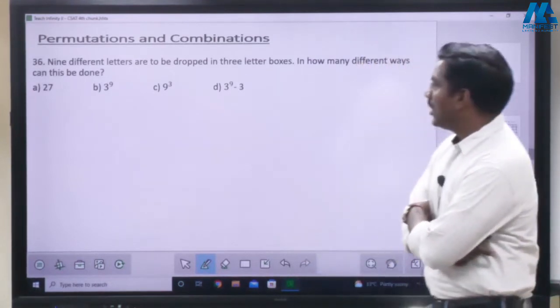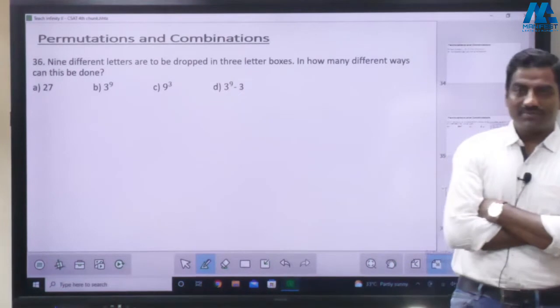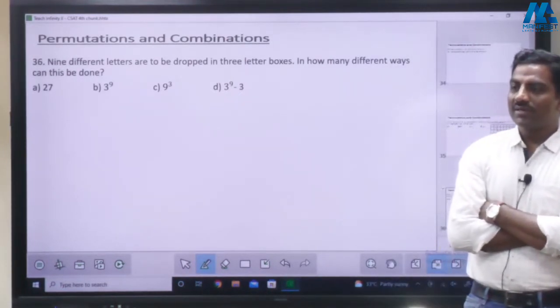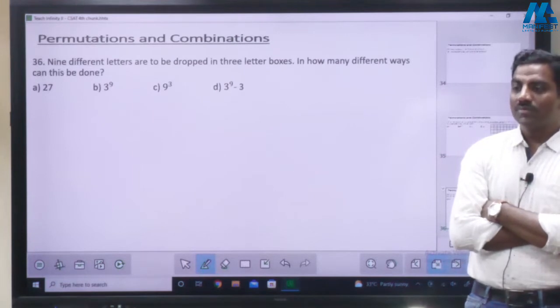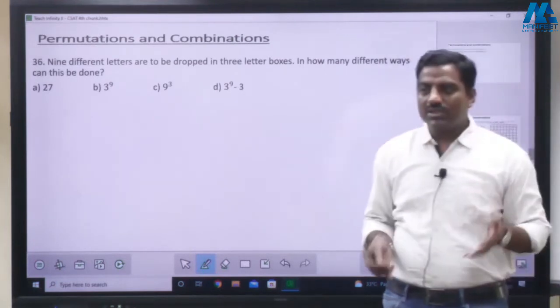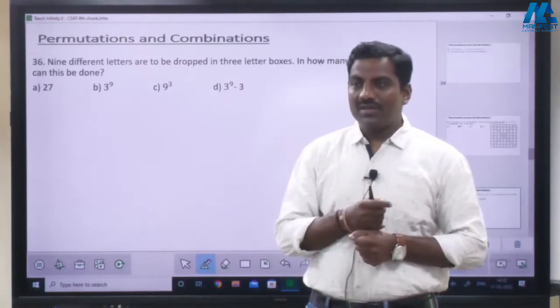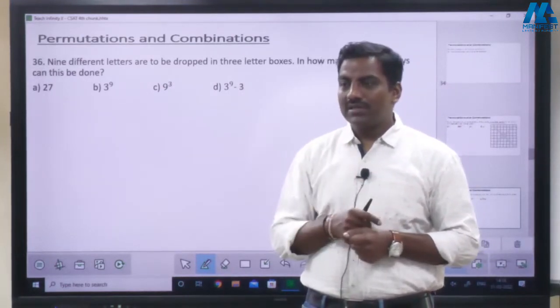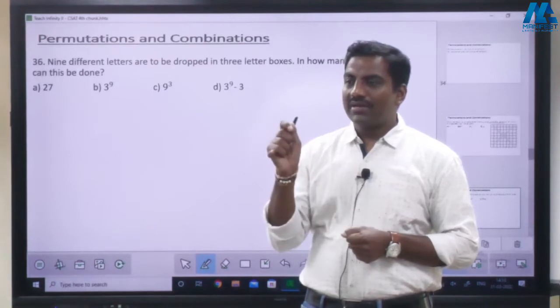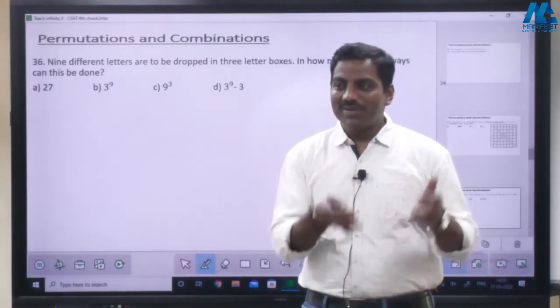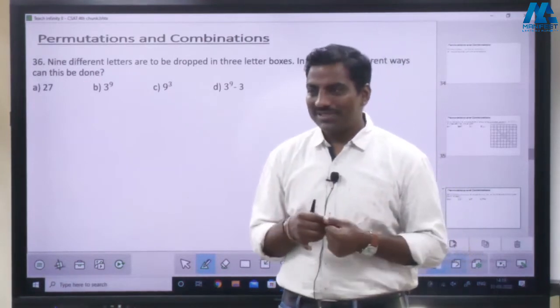Now here we are trying to drop letters. Where we are dropping? Boxes. Imagine the situation. You have letters. Take first letter. How many ways you can drop? One letter. 3 ways. You are not taking post box and dumping into the letter box.